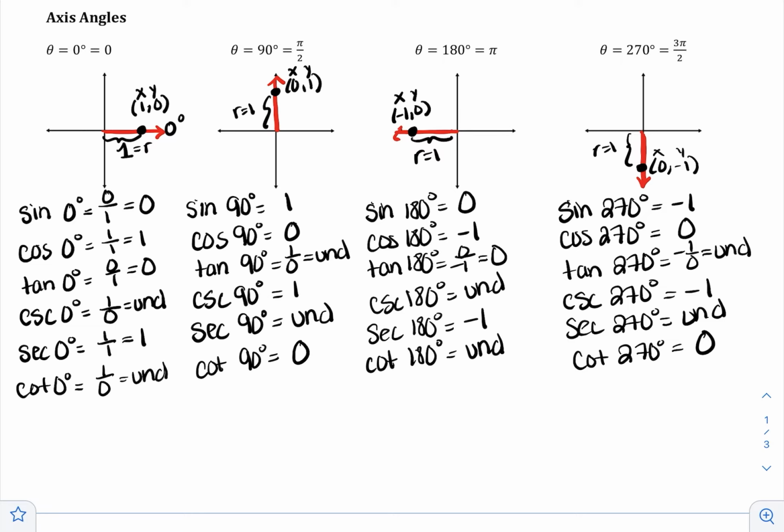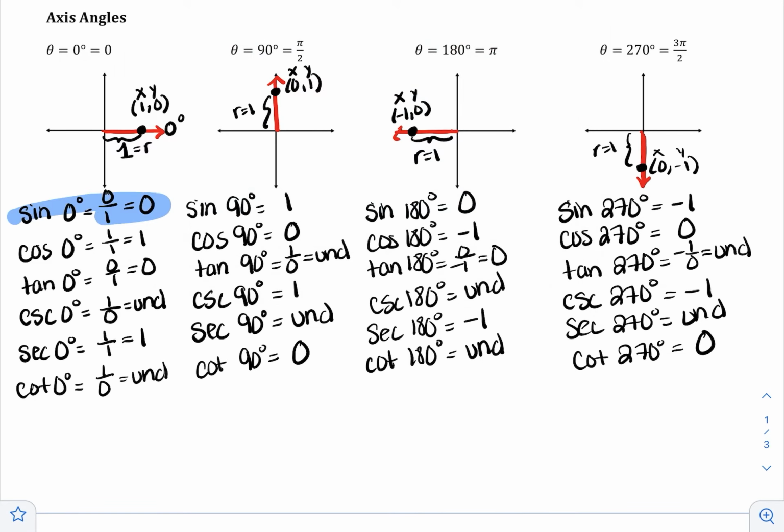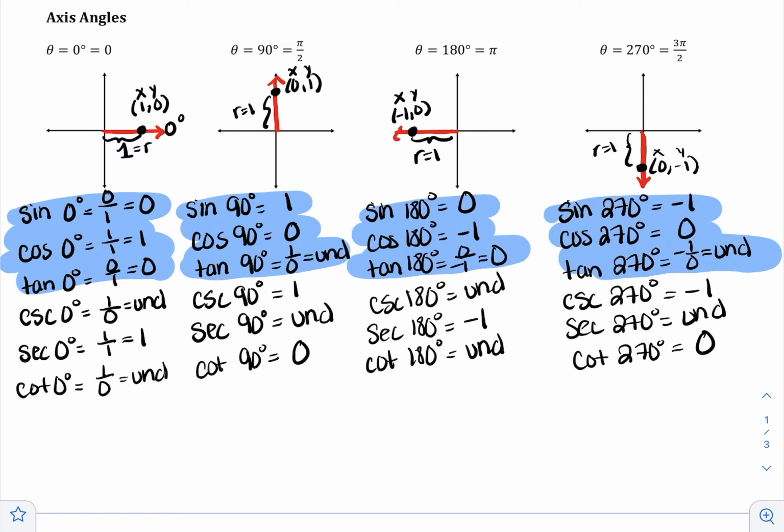We'll discuss this later, but cosecant and cotangent are always undefined together, and tangent and secant are always undefined together. So as we discussed in the last one, what's important here is that you really remember your sine, cosine, and tangent, and then the rest will follow.